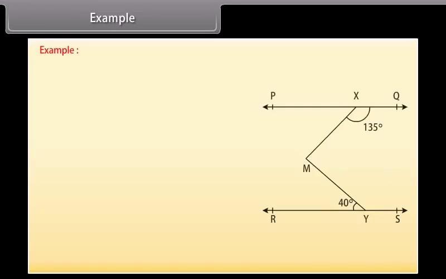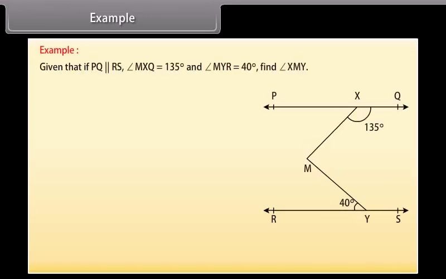Example. Now let us solve some examples related to parallel lines. Given that PQ is parallel to RS, angle MXQ is equal to 135 degree and angle MYR is equal to 40 degree, find angle XMY.